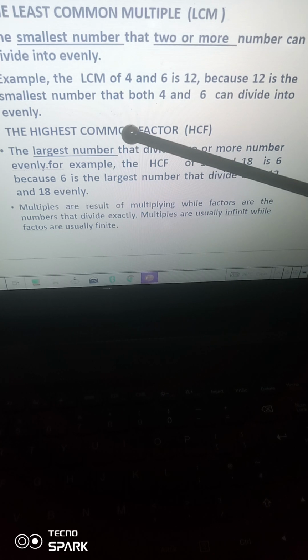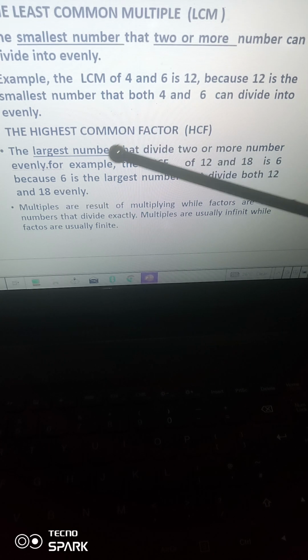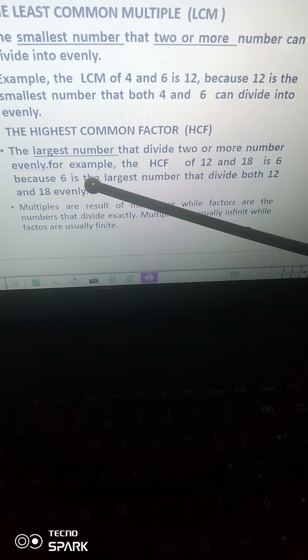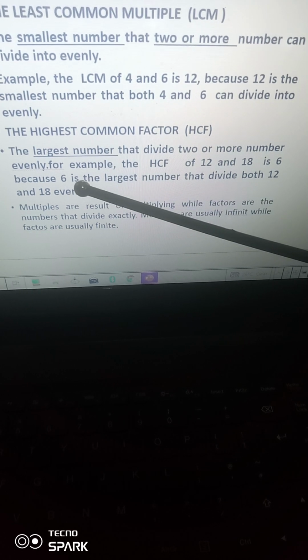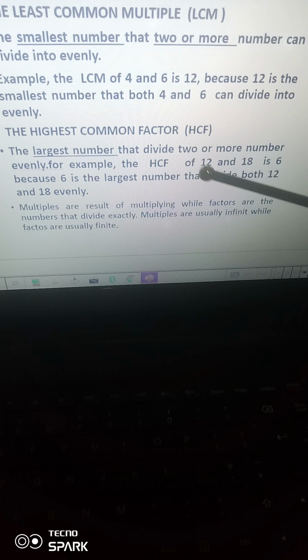A remainder. There is no other number greater than 6 that can divide 12 and 18 exactly without what? A remainder.